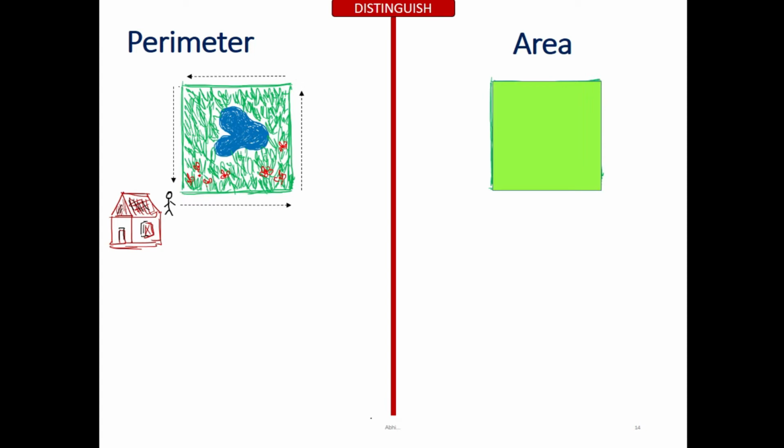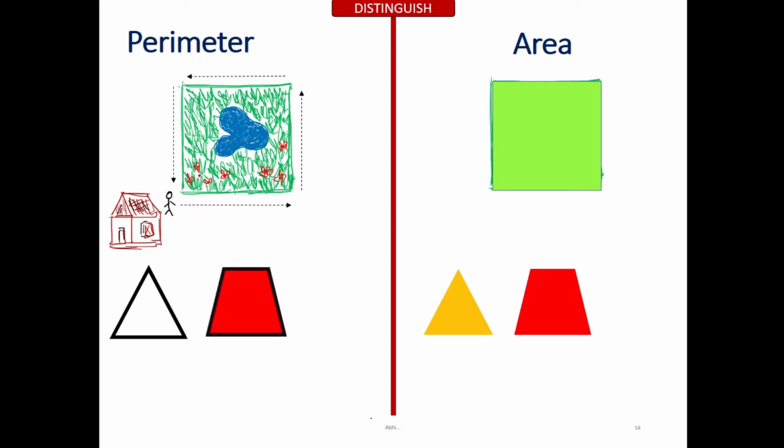Let me give you some more examples. You have a triangle. The perimeter of the triangle is just the border, and the area is the region inside. That's a trapezium. The perimeter is just the outer border and the area is the red part. A rectangle.